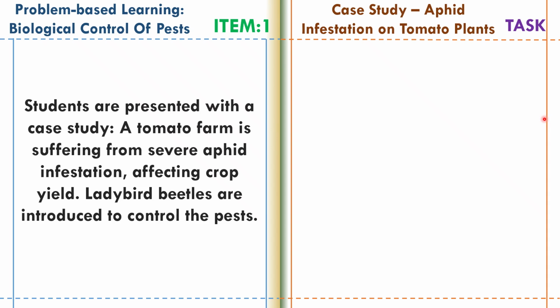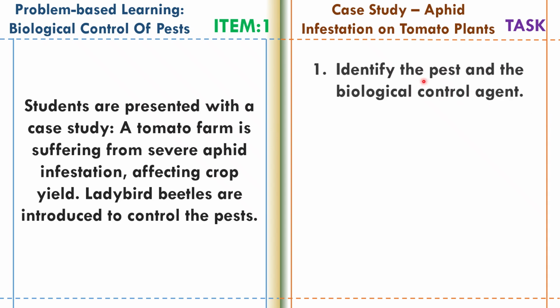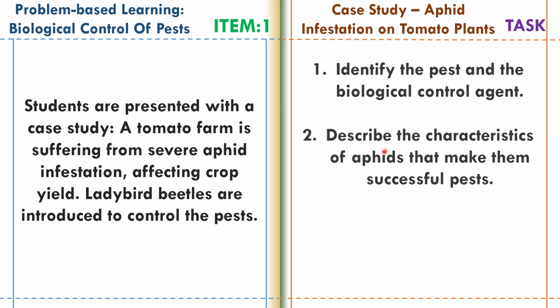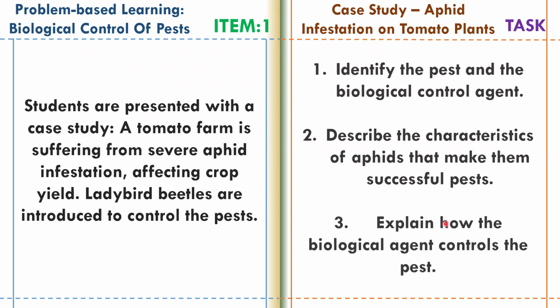Task: identify the pest and the biological control agent. Describe the characteristics of aphids that make them successful pests. Explain how the biological agent controls the pest.